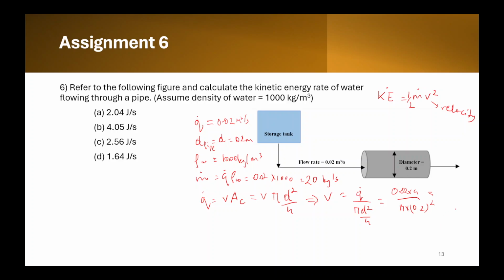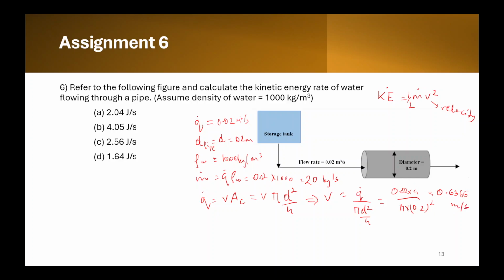So velocity comes out to be 0.6366 meter per second.